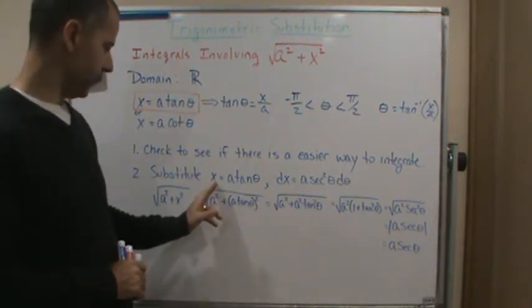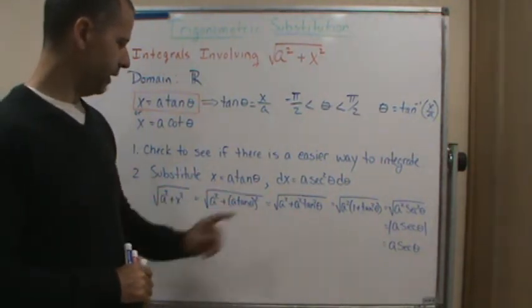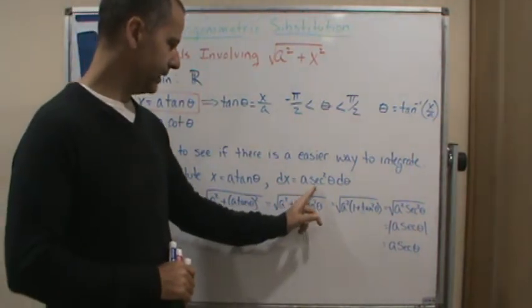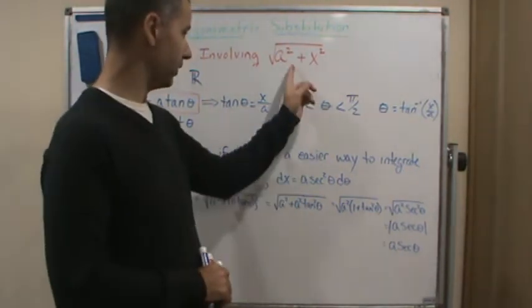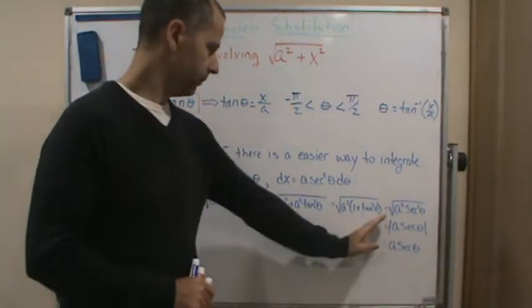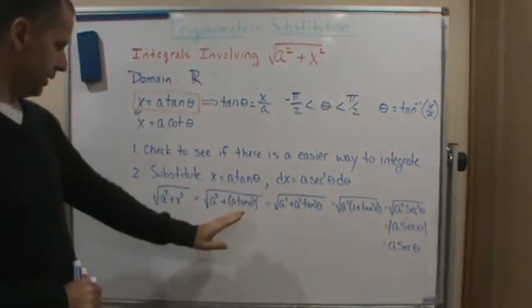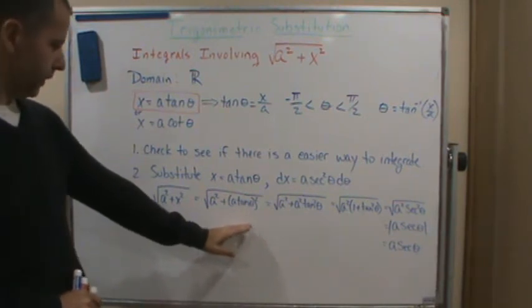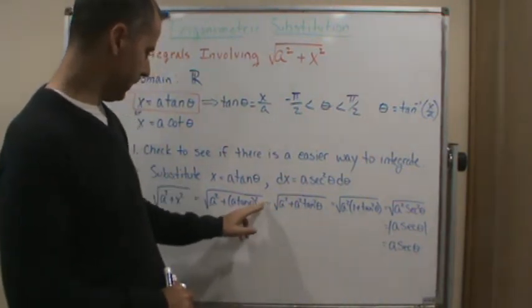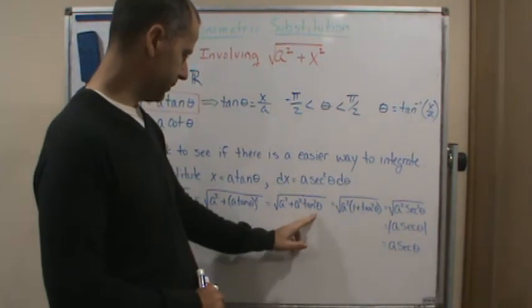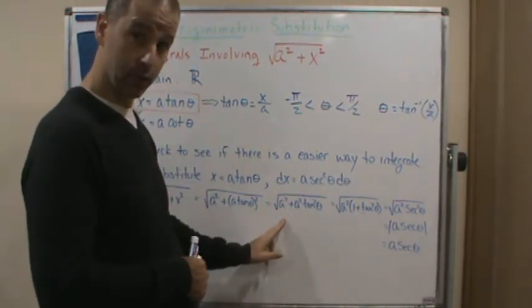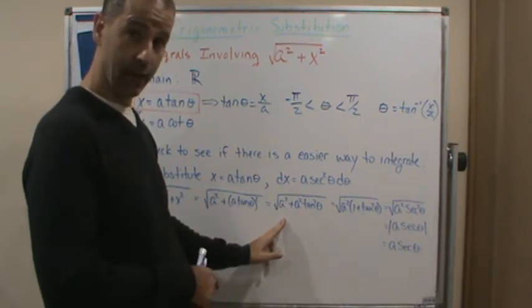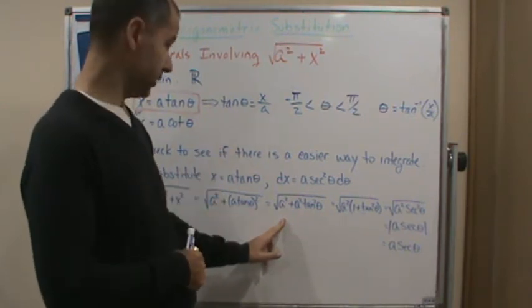In this case, we're going to use x equal to a tangent theta, and dx is equal to a secant squared theta d theta. Then this is the way the radical is going to break down. You distribute the power and get a squared times tangent squared theta, very similar to what we did last time with a squared minus x squared.